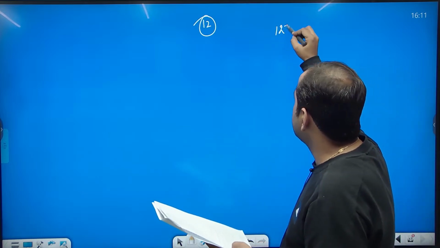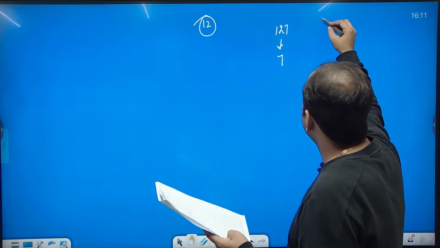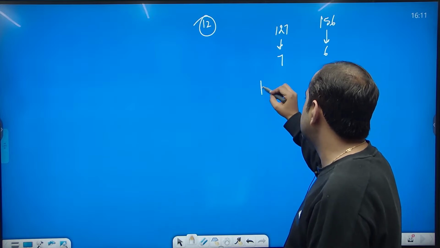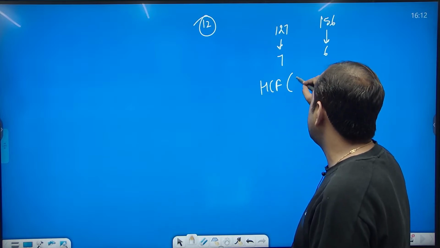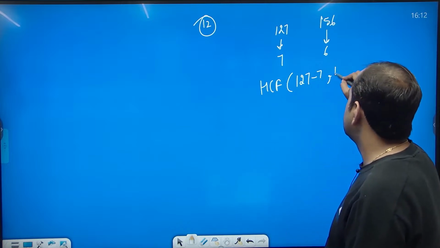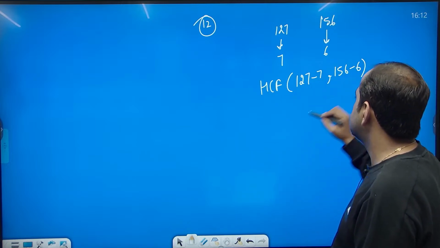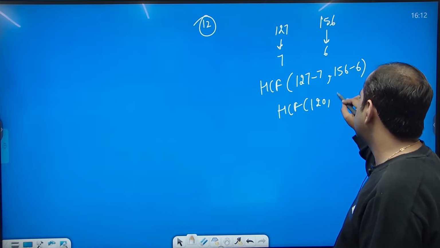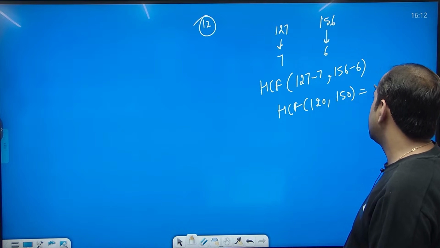So 127 remainder is 7 and 156 remainder is 6, and we need to find the largest number which satisfies this condition. So that will be HCF of 127 minus 7 and 156 minus 6. So that means HCF of 120 and 150, so what should be your answer? 30.